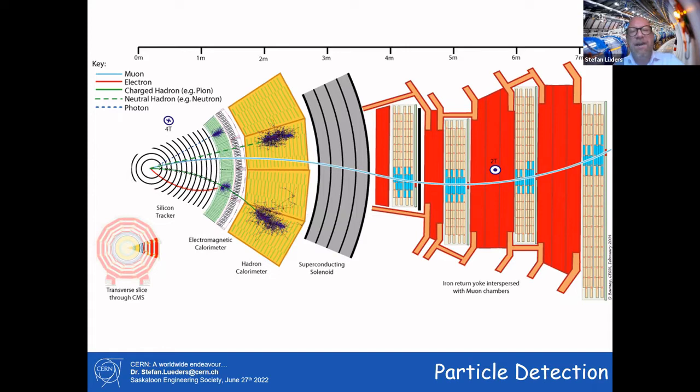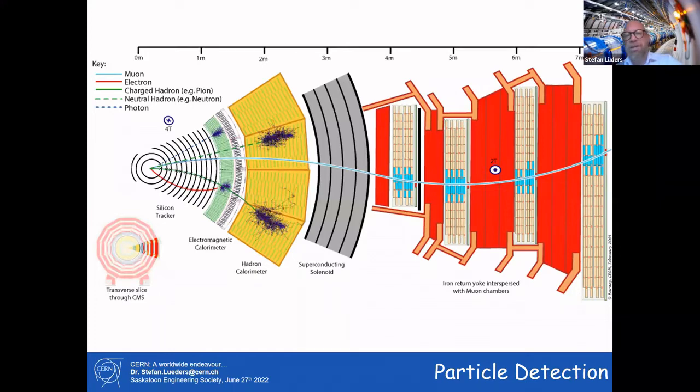So why is this done? Think of this as a pixel detector, like your pixel camera, and each pixel has a coordinate, like a chess field, A1, B2. So now you see a particle going through, and it's leaving a trace, A1, B2, C3, D4, and so on. Later on with your computer, you can combine those different points to give you the trajectory of the particle, for example, of the green particle or of the red particle.